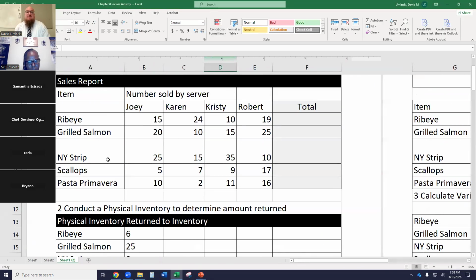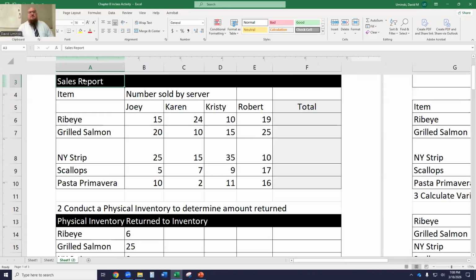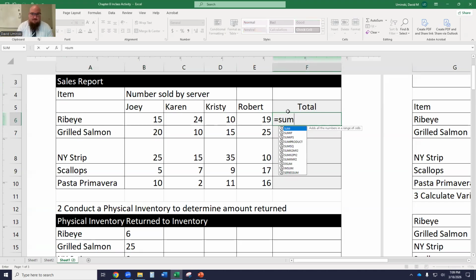I could easily go through and look at my sales report. And when looking at my sales report, I can see how many of each item each server sold. Okay. So how do I figure out the total? There we go. Add them all up.